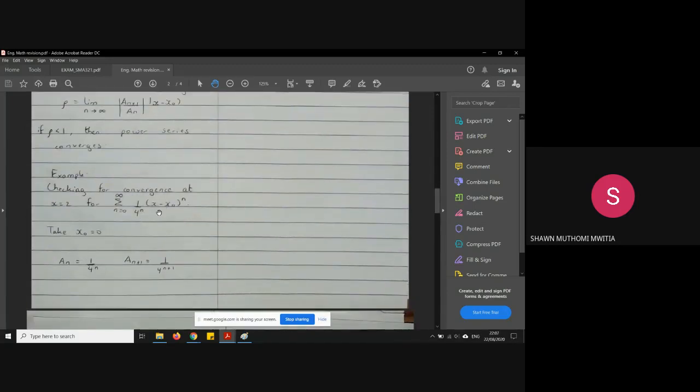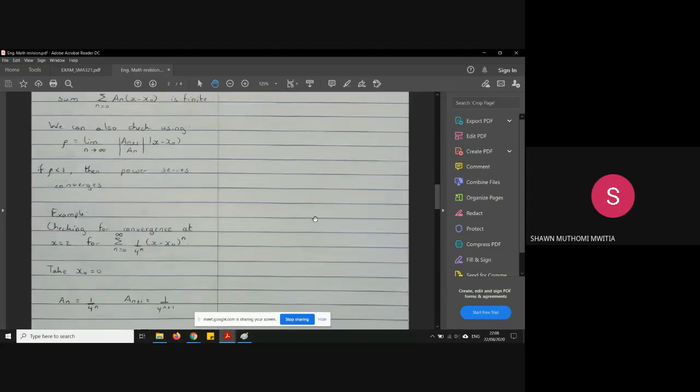So for my example, I just came up with some arbitrary values. This is straightforward. You can just say a_n is 1 over 4 to the power of n+1, which will be like this. X naught, I chose it to be 0. Since it's my example, I can choose what I want. And I've chosen it to converge at x equals 2.